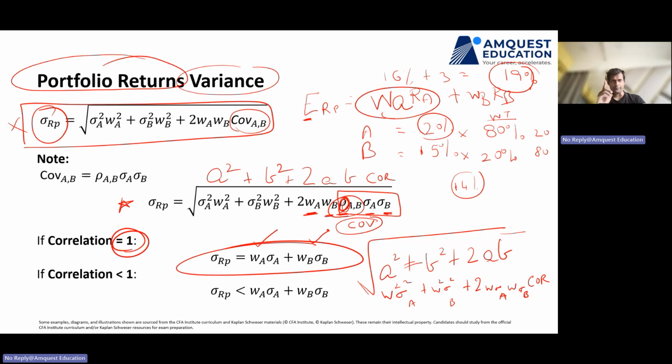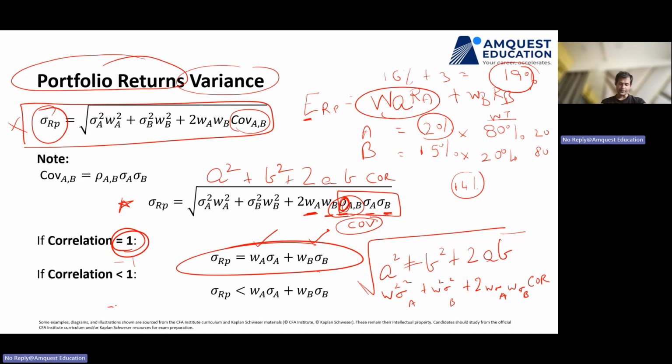So please remember this. If correlation is perfect positive 1, the answer will be weight deviation. If it's perfect negative 1, then this doesn't work. Please remember. Okay. Potentially. But then you can do A minus B, if it's perfect negative 1. Because A square minus 2AB plus B square is A minus B the whole square.